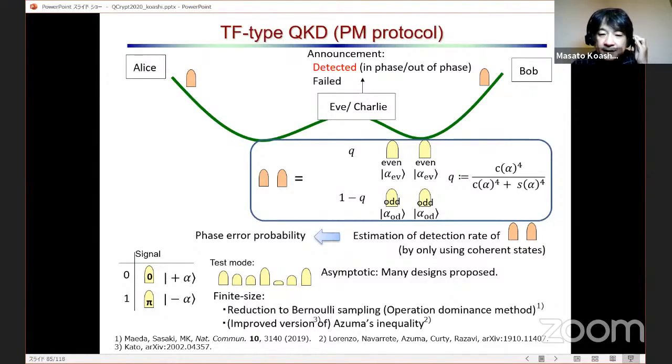But the caveat is that you can do the estimation only using lasers, only coherent states. This is where the complication arises, and there are many proposals to do this in the asymptotic regime. For a finite-size solution, if you like simple solutions, there is a technique to reduce this to classical sampling. Or if you are greedy about key rates, you can use an improved version of Azuma's inequality to obtain finite-size security of this protocol.